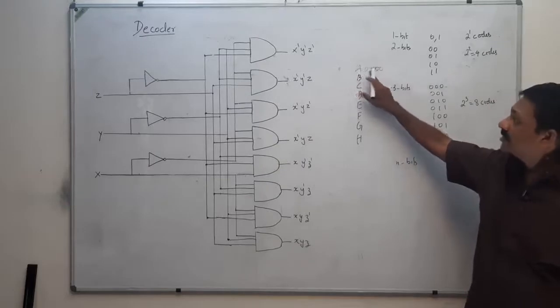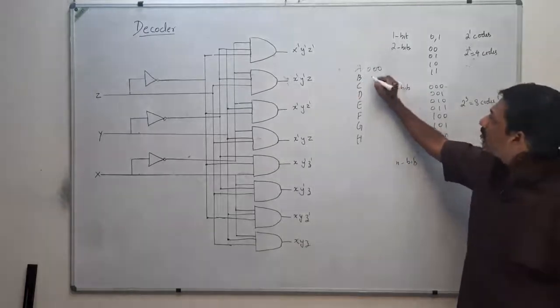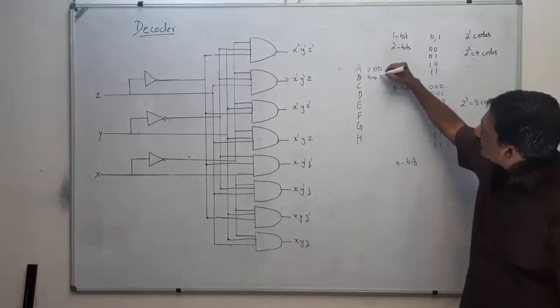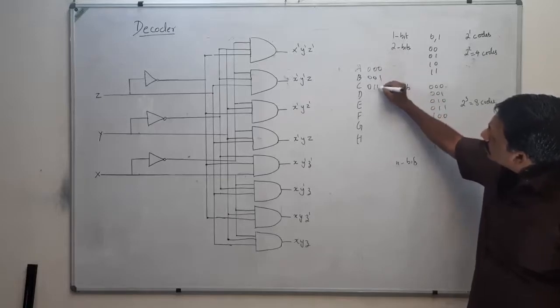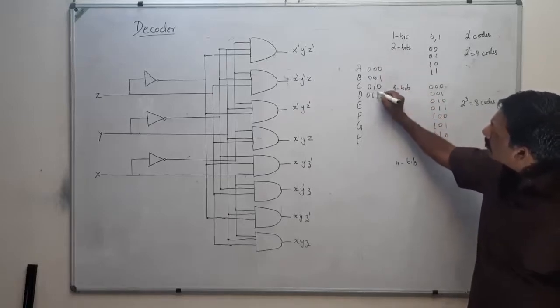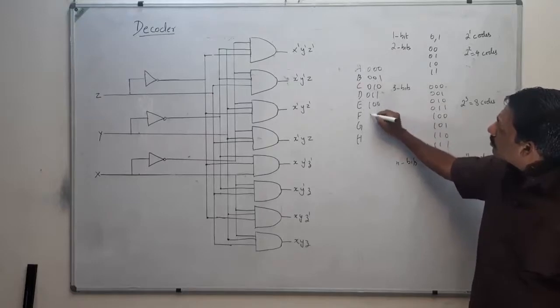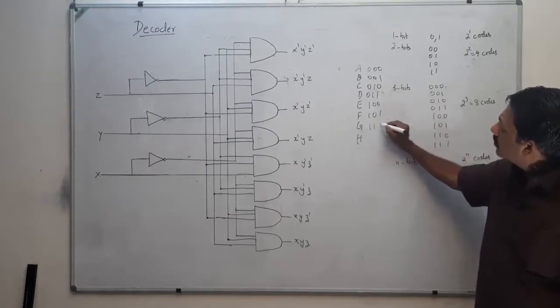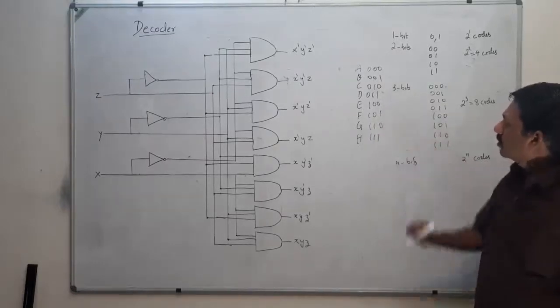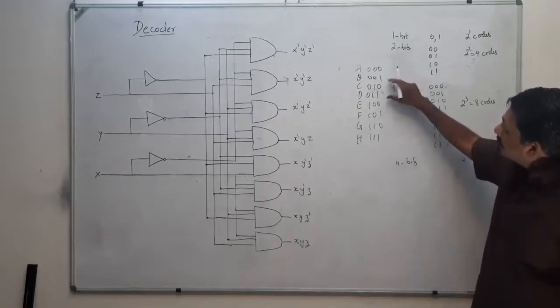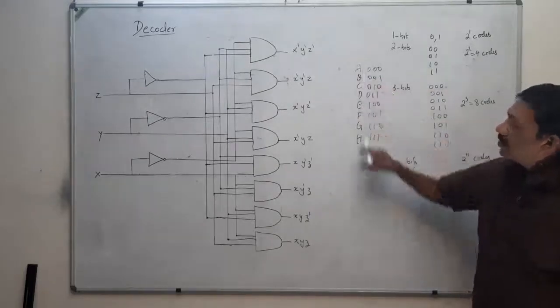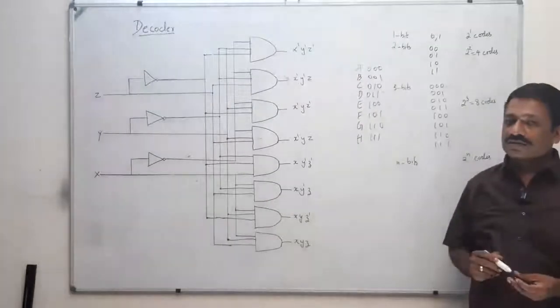A is represented by 0 0 0, B by 0 0 1, C by 0 1 0, then 0 1 1, 1 0 0, 1 0 1, 1 1 0 and 1 1 1. Using 3 bits you can encode 8 different colors.